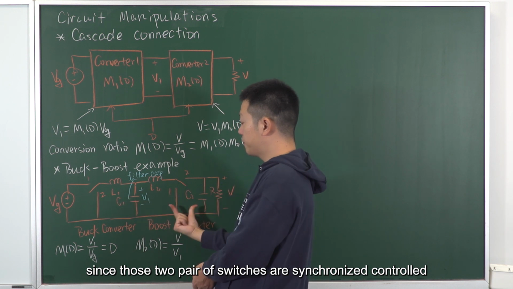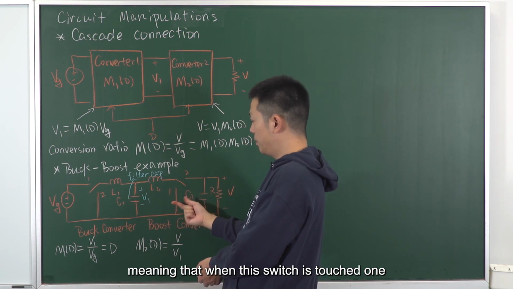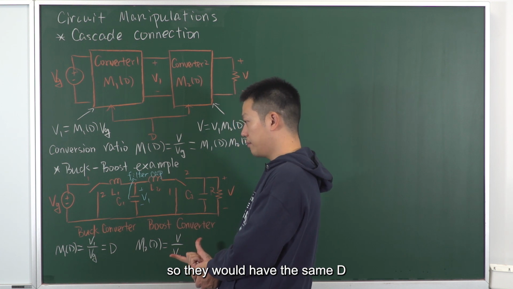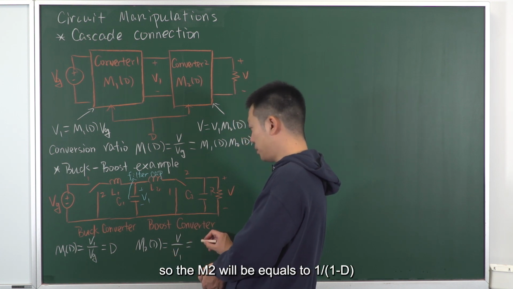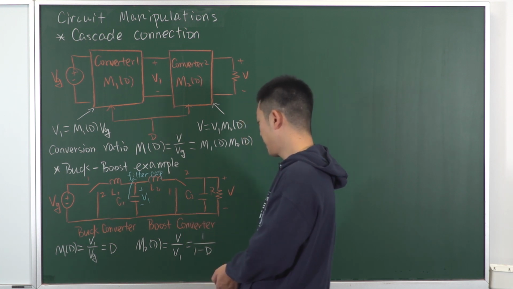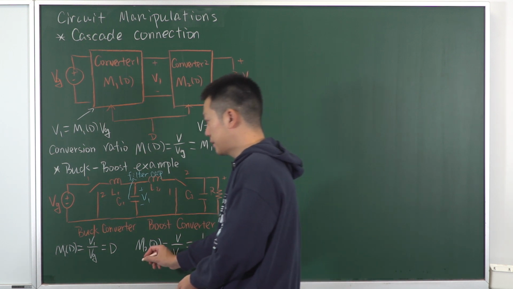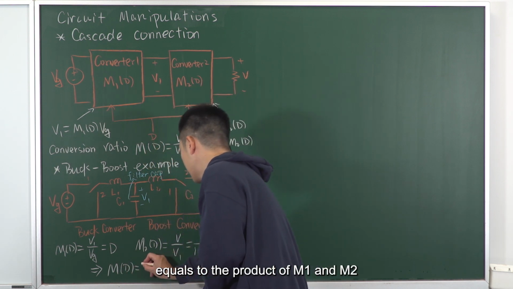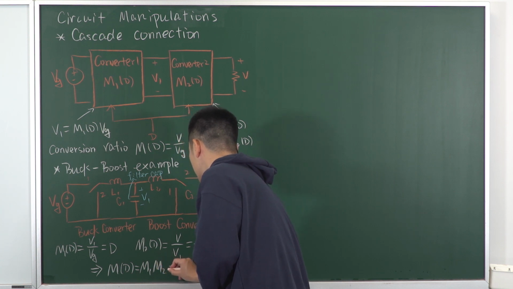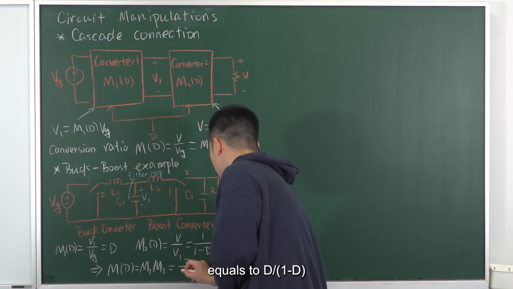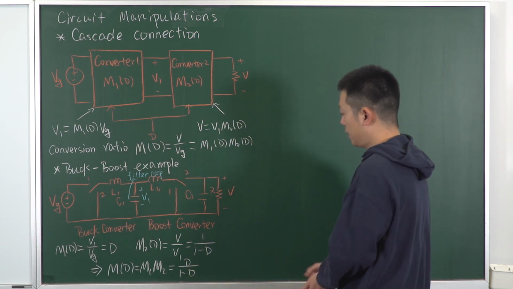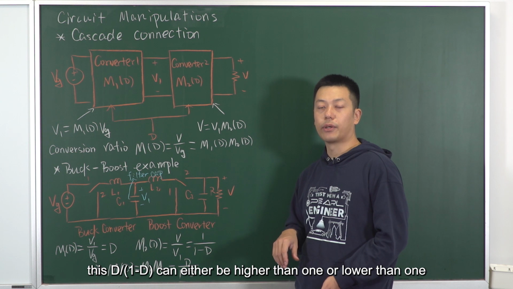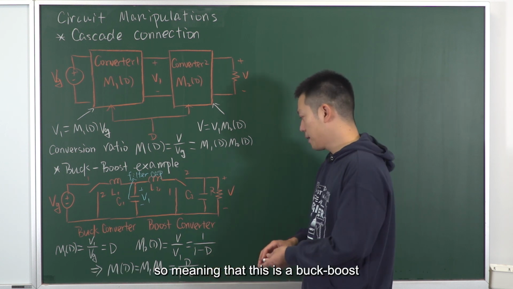Since those two pairs of switches are synchronized controlled, meaning that when this switch is attached to 1, this switch is also attached to 1, they would have the same D. So M2 will equal 1 over 1 minus D. Together, we can derive that MD equals the product of M1 and M2, equals D over 1 minus D. So this D over 1 minus D can be either higher than 1 or lower than 1, meaning that this is a buck boost.